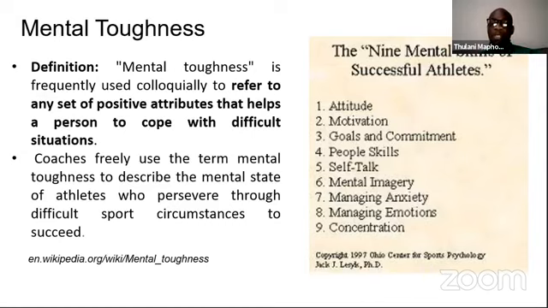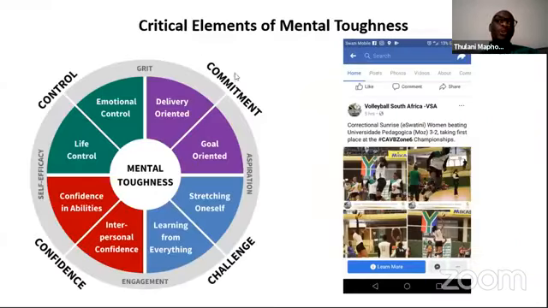I think we fall short in managing the emotions, as well as concentration. So you'd note that I tried to build these concepts into a more structured manner in terms of the critical elements that the players and the team might need to develop mental toughness. One of the critical ones, I've got the four Cs, of which the first one is commitment.